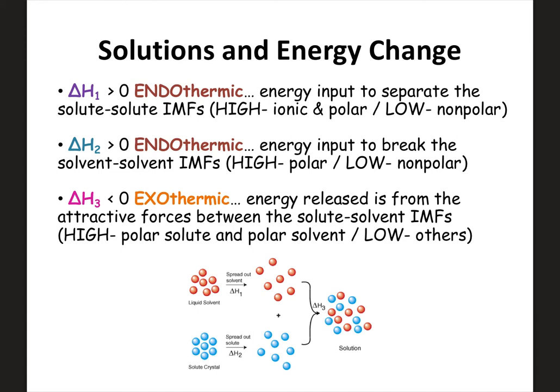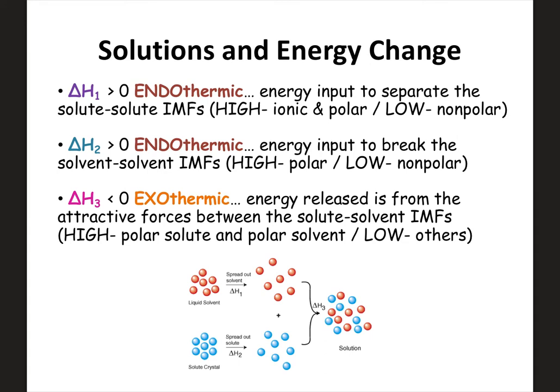All right. And then when you get to your delta H3, when the solute and the solvent are interacting with each other and forming new IMFs, it's always going to be less than 0, or exothermic. Whenever you have the separated solute particles and the separated solvent particles interacting with each other, energy is always released because of those attractive forces.